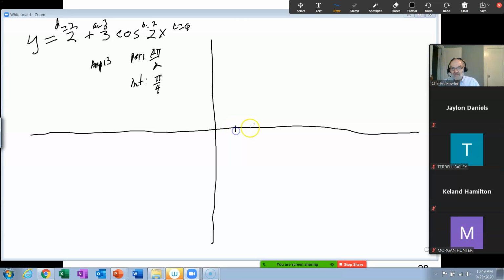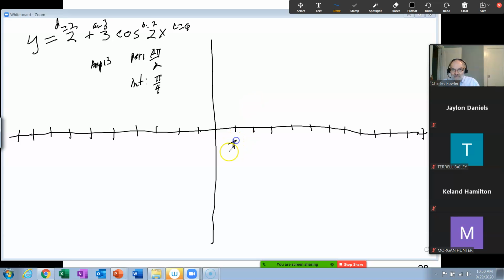Let's call it 1/4 pi, 2/4 pi, 3/4 pi, 4/4 pi, 5/4 pi, 6/4 pi, 7/4 pi, 8/4 pi, 9/4 pi, 10/4 pi, 11/4 pi, maybe even 12/4 pi, minus 1/4 pi, minus 2/4 pi, minus 3/4 pi, minus 4/4 pi, minus 5/4 pi, minus 6/4 pi, minus 7/4 pi, minus 8/4 pi, minus 9/4 pi, and maybe even get in a minus 10/4 pi.